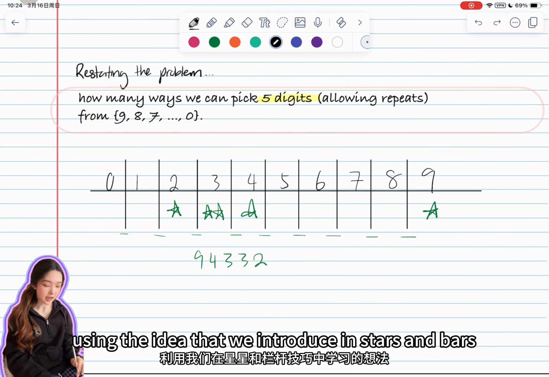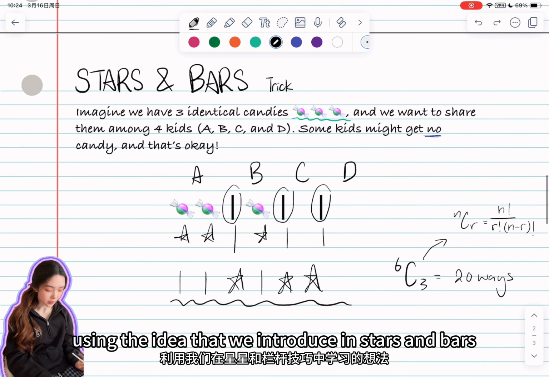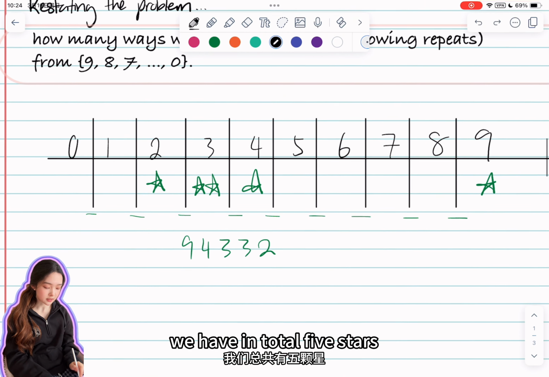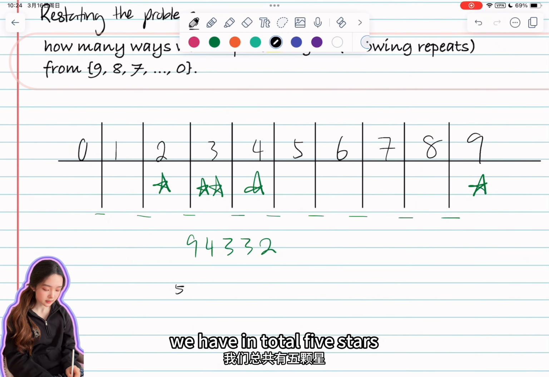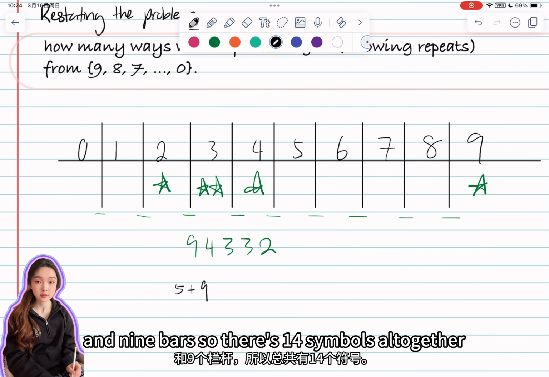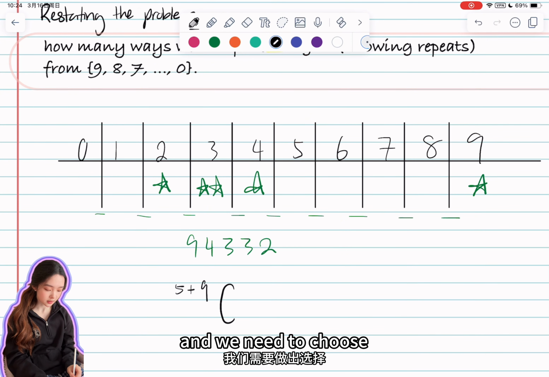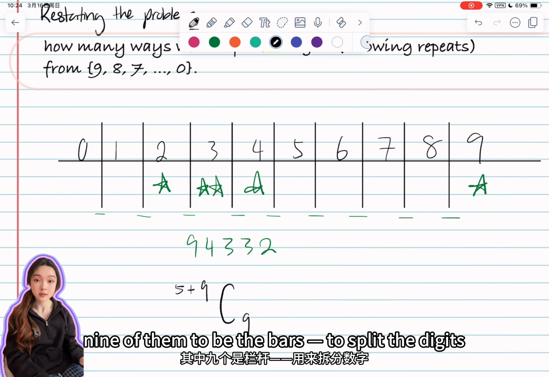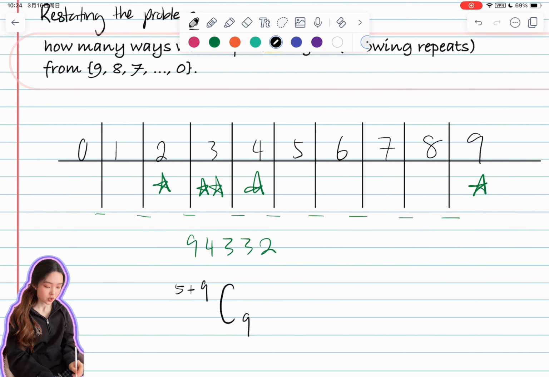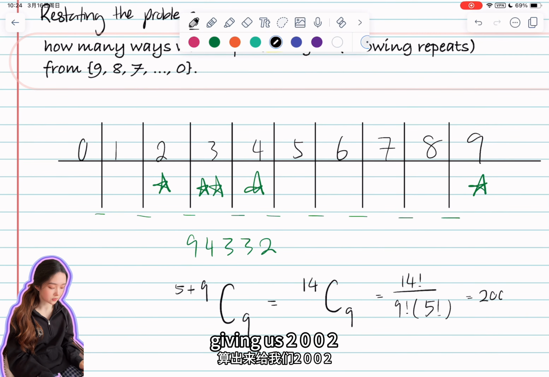And how many ways can we place the stars in different positions? Using the idea that we introduced in stars and bars, we have in total 5 stars and 9 bars. So there are 14 symbols altogether. And we need to choose 9 of them to be the bars to split the digits, which yields 14 choose 9, giving us 2002.